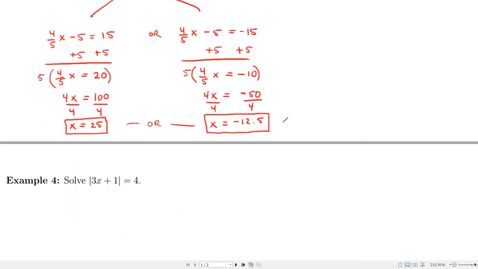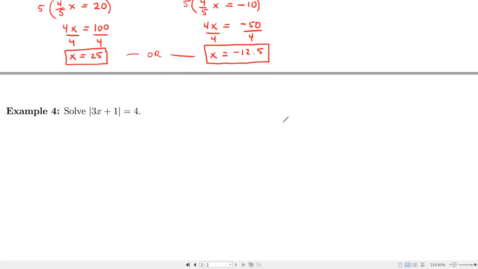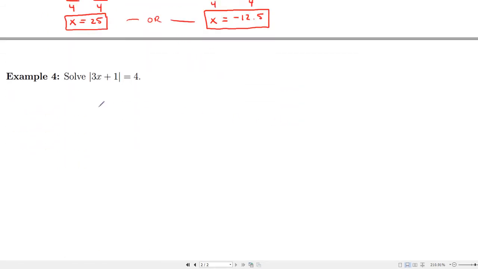Okay, so continuing on, let's say that we had this here. So absolute value of 3x plus 1 is equal to 4. So if we want to drop those absolute values, we'll have plus or minus 4. And we should separate them, right?